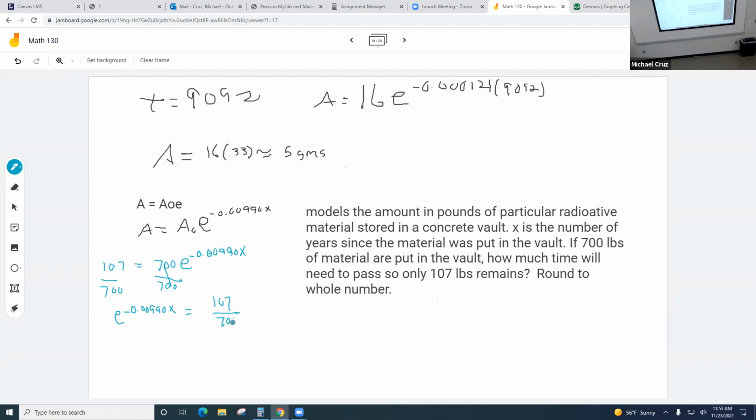This is pretty much just like when we just took down. So then we're going to ln this thing to get it out of its cage up there.